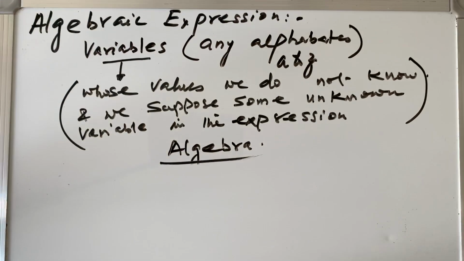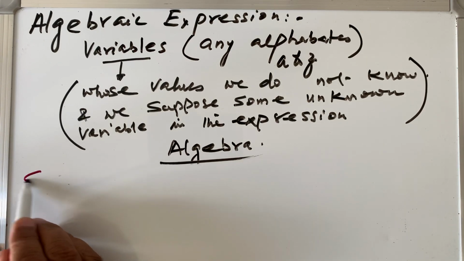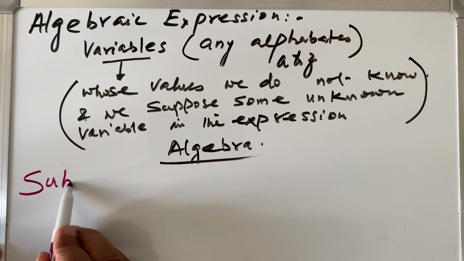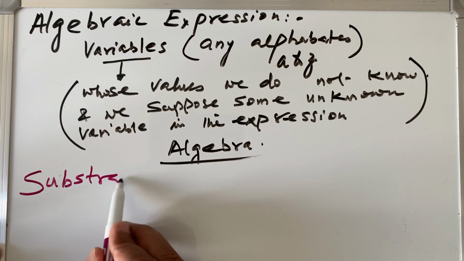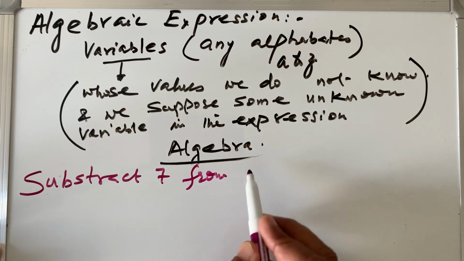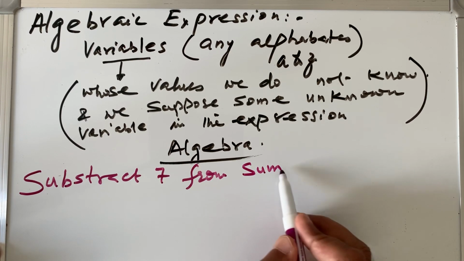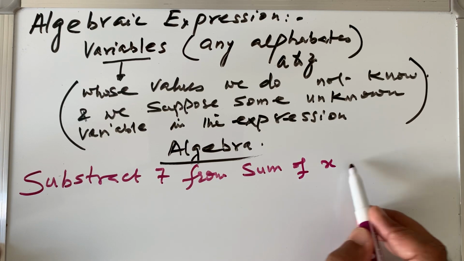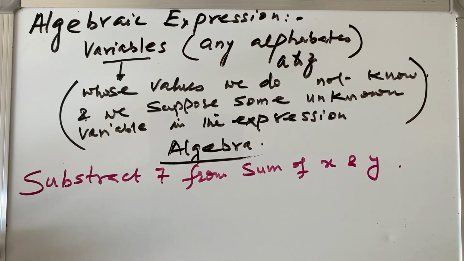So now we will look at another way, and that is addition or subtraction of any number. Look at it: subtract 7 from the sum of x and y. So it's in a statement.